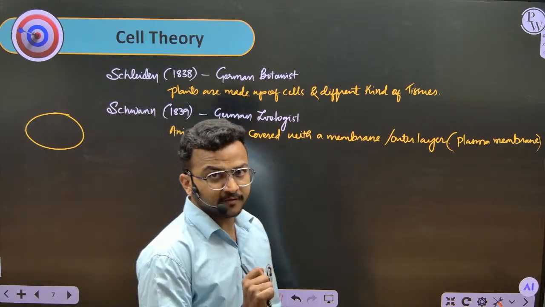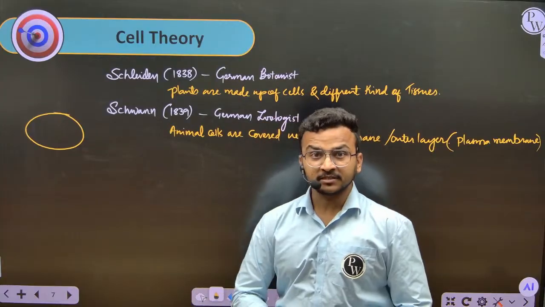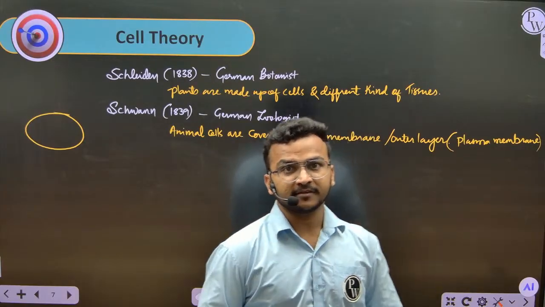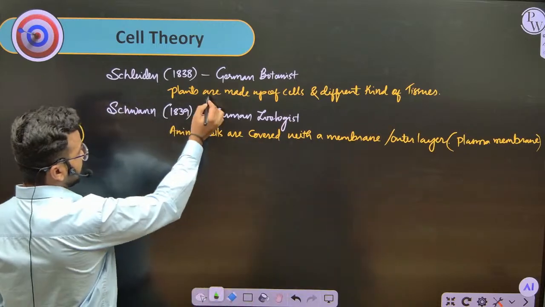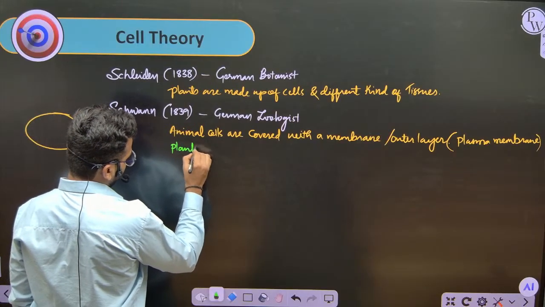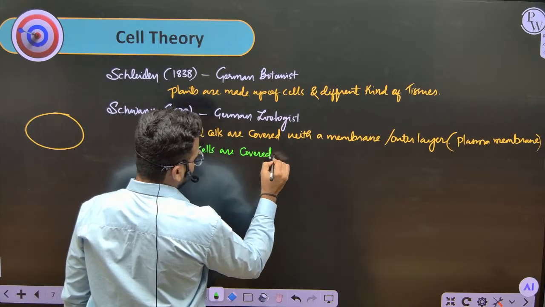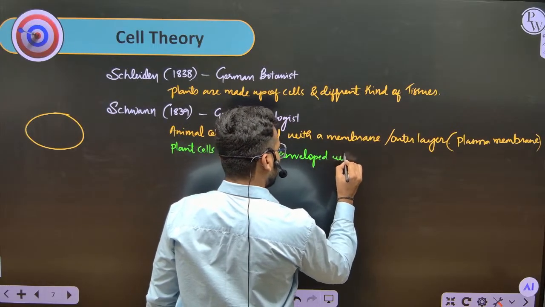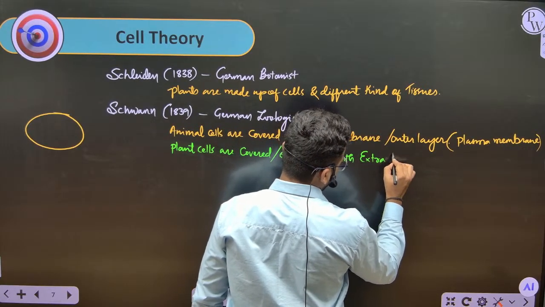Not only did he work on animal cells, even though being a zoologist, he observed plant cells also. In plant cells he added one more statement, that plant cells are covered or enveloped with an extra membrane or extra layer.